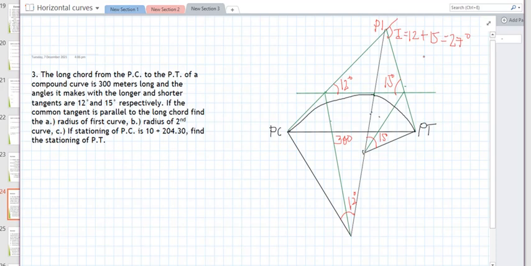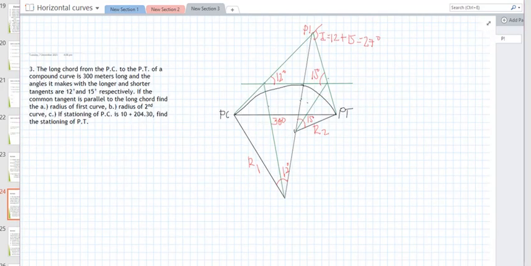Okay, for letter A, if the common tangent is parallel to the long chord, so this is the common tangent. So just assume that our curve is perfect, no? It is tangent there. Find the radius of the first curve. So let's say this is the first curve, R1, and this is the second curve, R2. Okay, so this angle here is 12 divided by 2, that is 6 degrees.